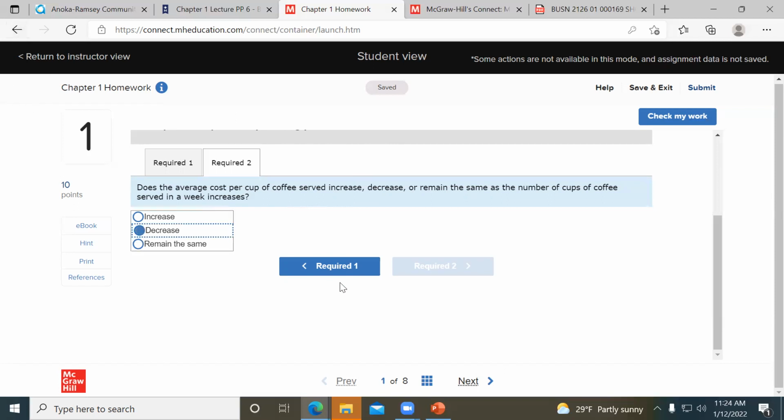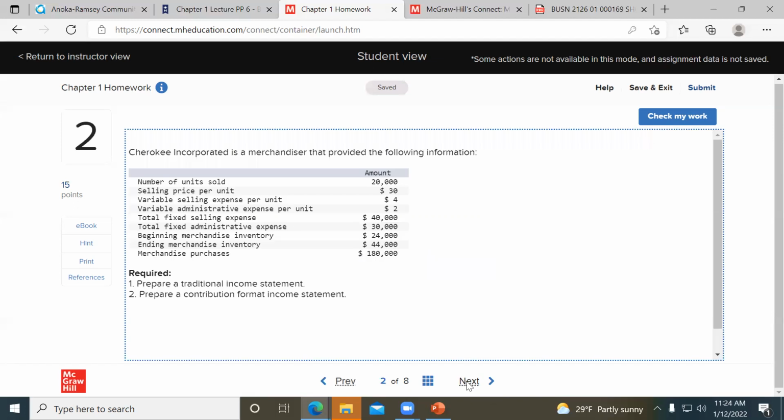And why was that? Because our fixed expenses were going to be fixed no matter if we served 1,000 cups or 2,000 cups, right? So the more cups of coffee we had, we could spread that fixed cost. Make sense? You guys good with that? Okay.